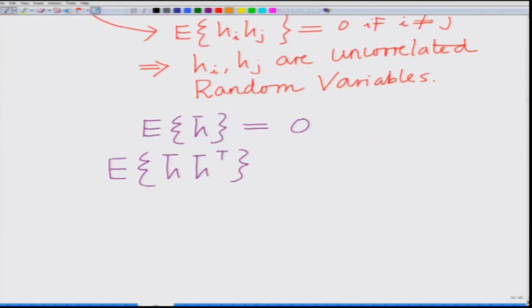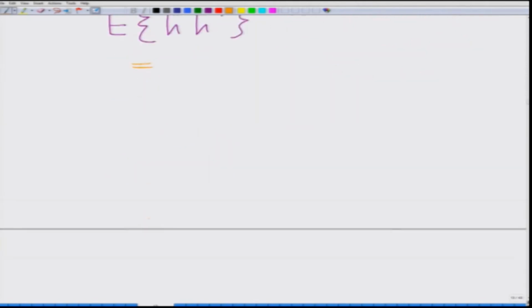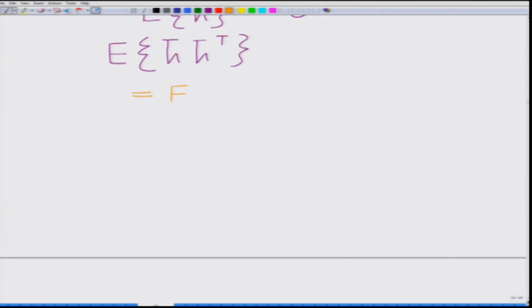Then, if you expand this expected value of h bar h bar transpose, this is the expected value of the column vector h1, h2, up to hM, times h bar transpose, which is the row vector h1, h2, up to hM.